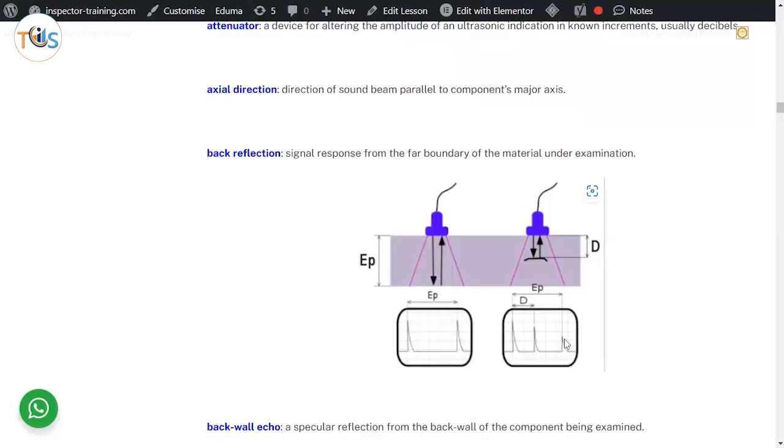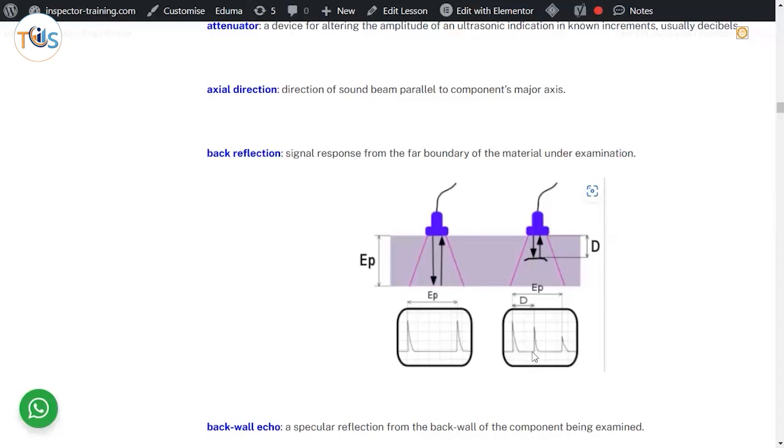In the second picture, you still get a back wall echo, so you know that's the thickness of the material again. Then you see a strong signal in the middle, and that is the one coming back from the defect, for example a lamination. And this distance, the D, would be the depth where that defect is located.